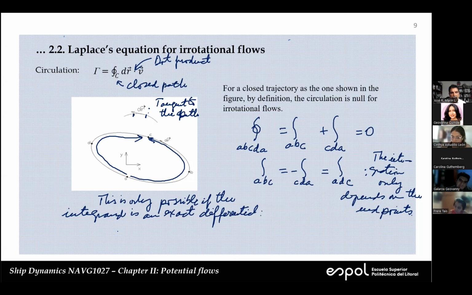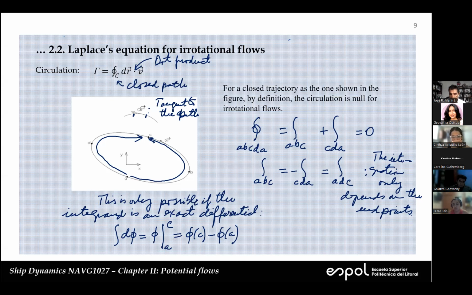For example, you say the integrand is equal to an exact differential. What's the integral of this? This is equal to phi from A to C. So this is equal to phi of C minus phi of A. You see, in this case, you only worry about the end and the starting point. You don't depend on the path.